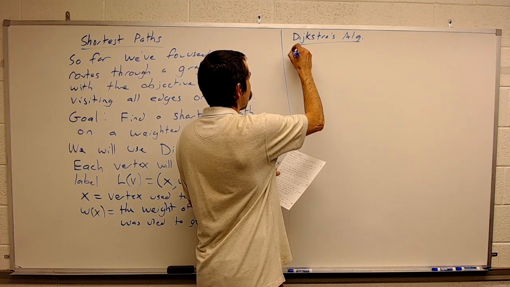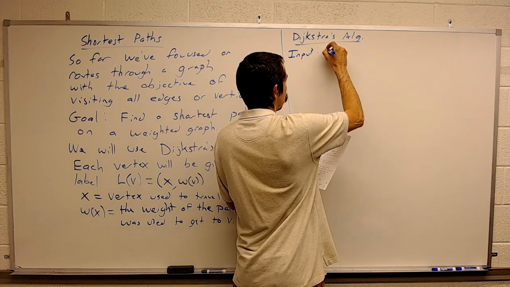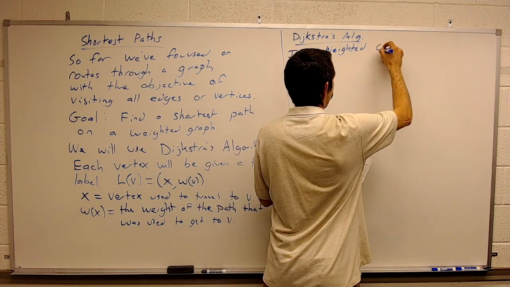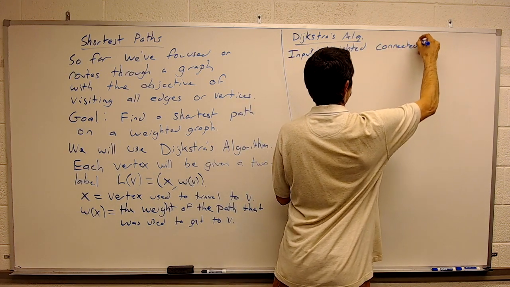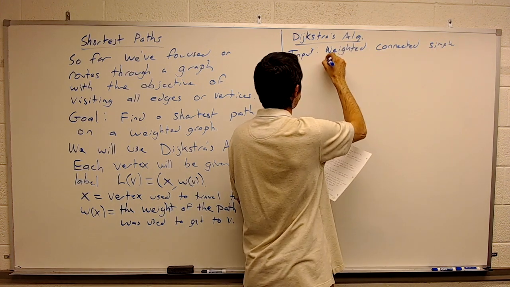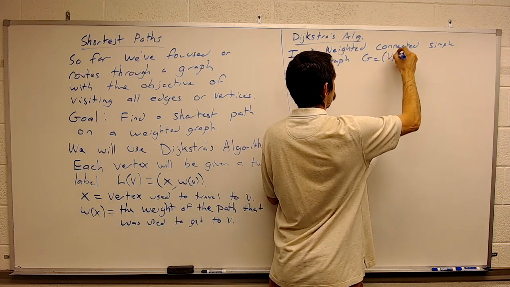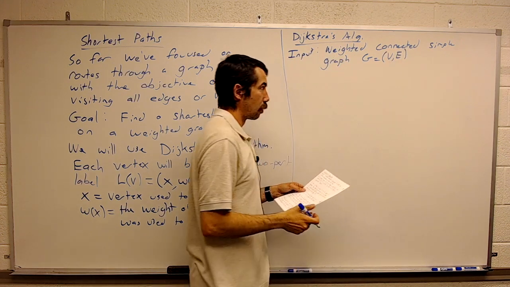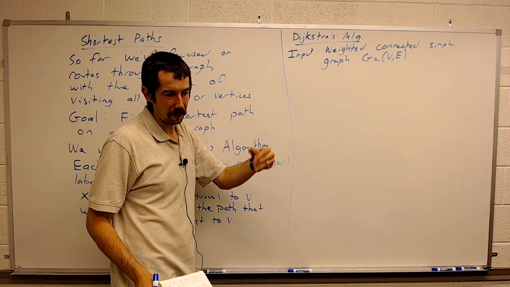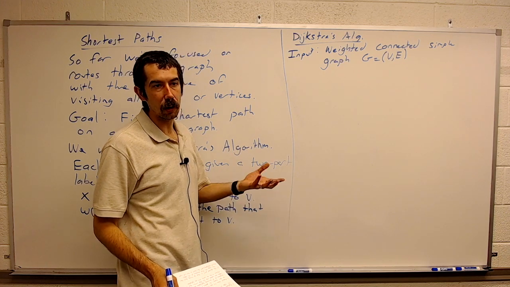Okay, so what do we need? Our input is a weighted, connected, simple graph. Okay, so remember, connected means we could somehow get from one vertex to another. Simple means that there's no multi-edges and there's no loops.